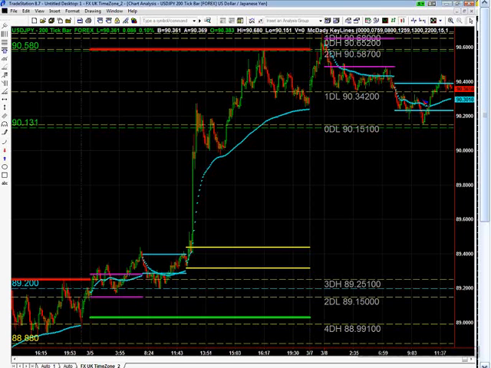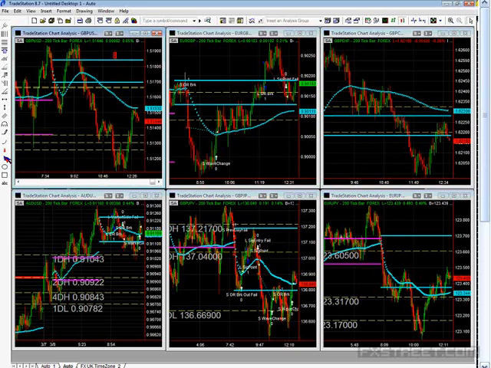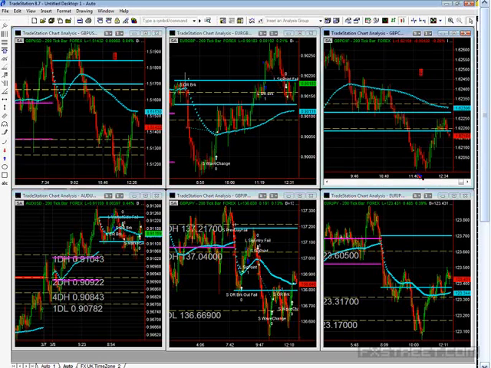But looking at this chart, my bias is to be long the dollar yen, long the dollar Swiss, and long the dollar CAD. And the reason I'm saying that, right there on the pound dollar, we had a reversal. On the pound Swiss, I also had a reversal.